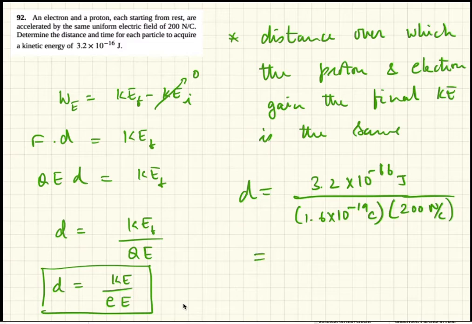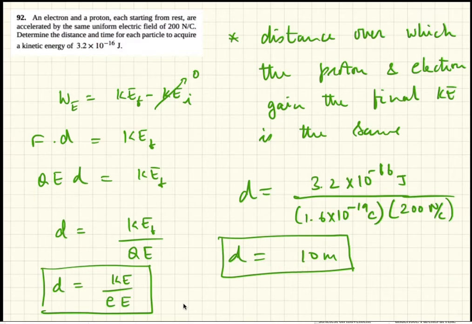And this will work out in meters, so this is 2,200 divided by 1.6 into 10, meters. Now the proton being heavier, it will accelerate slower, and it will take a longer time to cover this distance. Okay, so now we'll find the time.